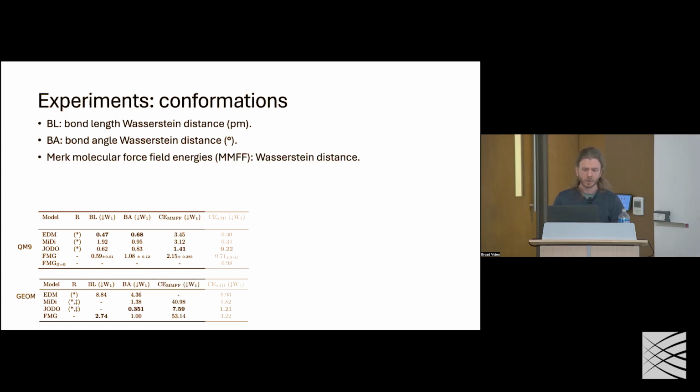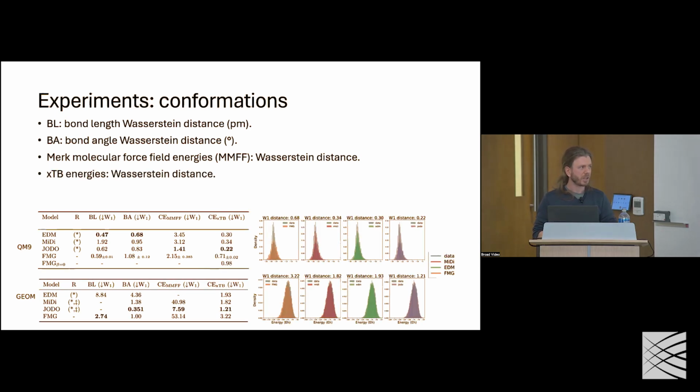And then we also look at energies, conformational energies. The first one is molecular force field energies, which directly or explicitly consider covalent bond types. And since many of the methods explicitly consider covalent bond types, we also include this metric for force field conformational energies. And then finally, XTB Wasserstein distance.